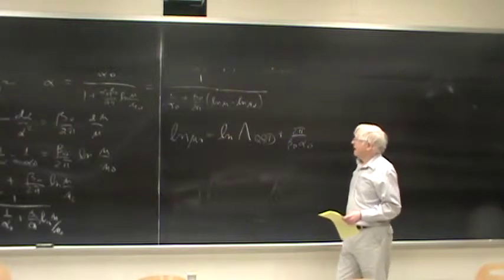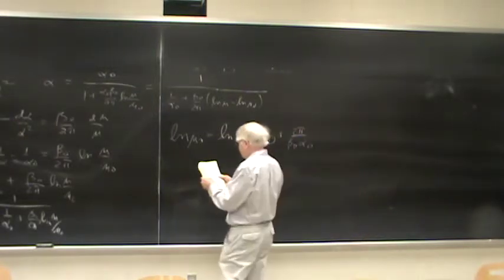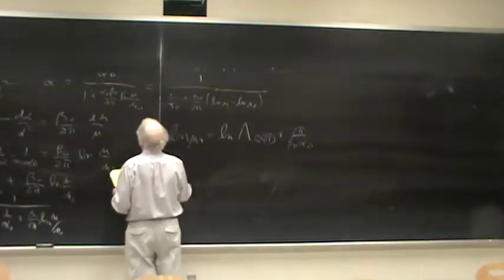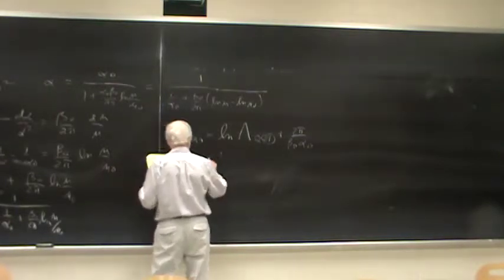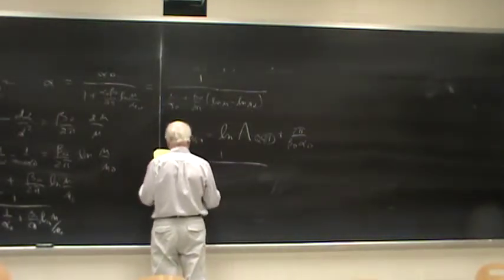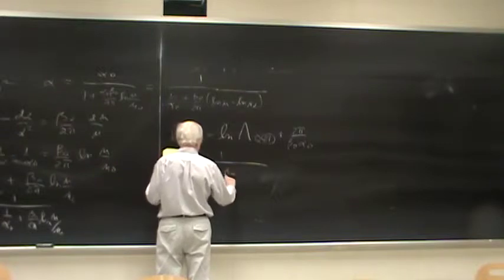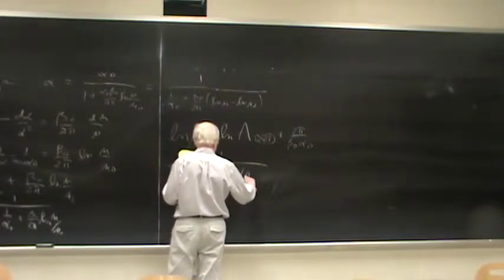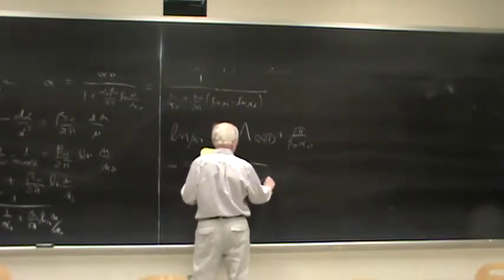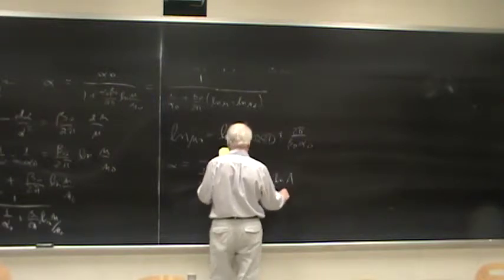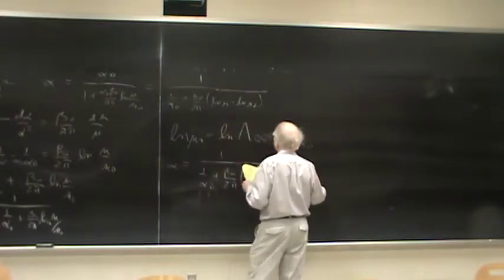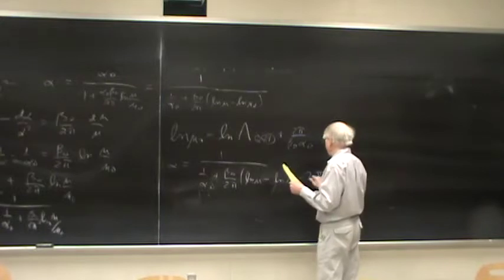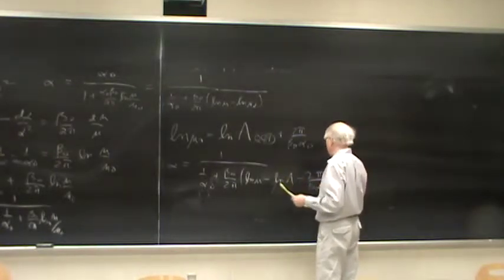So when we do that, what happens? This gives us alpha is 1 over alpha 0 plus beta 0 over 2 pi log mu minus log lambda minus 2 pi over beta 0 alpha 0.